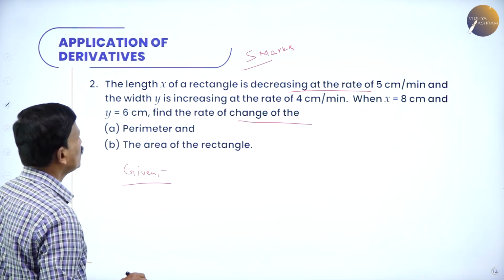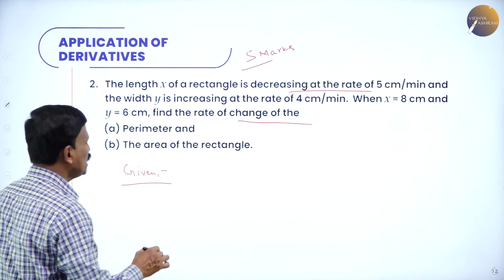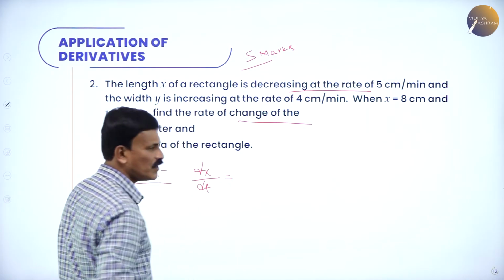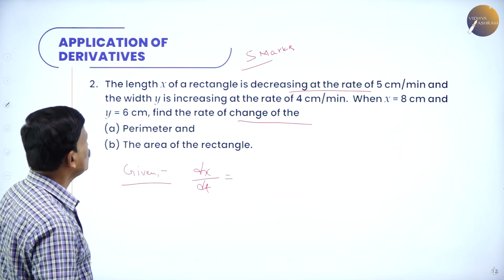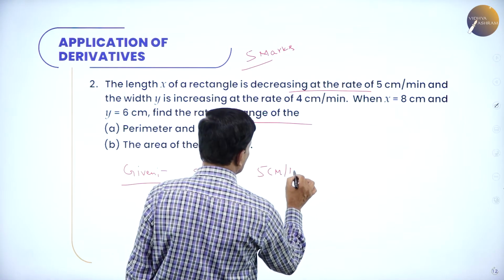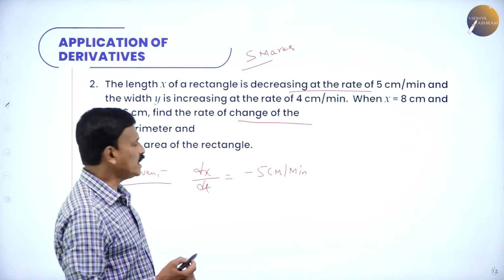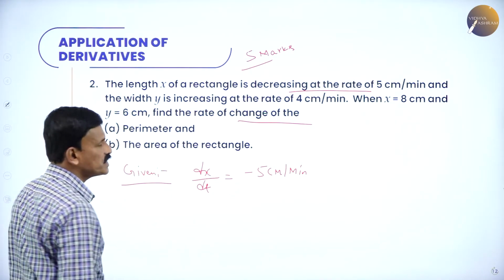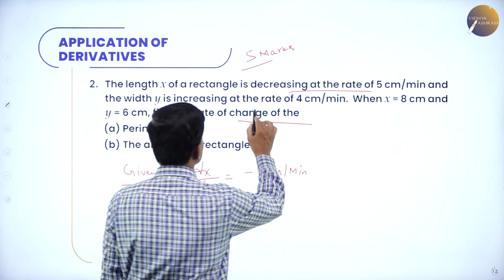The length x of a rectangle is decreasing at the rate dx by dt. If x is the length and y is the breadth, given dx by dt is equal to 5 centimeters per minute, along with a negative sign.